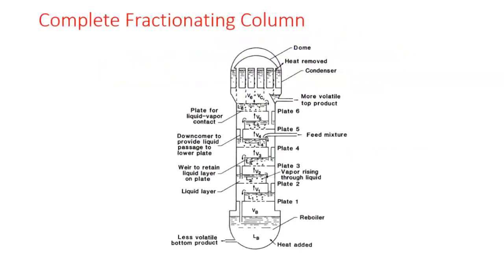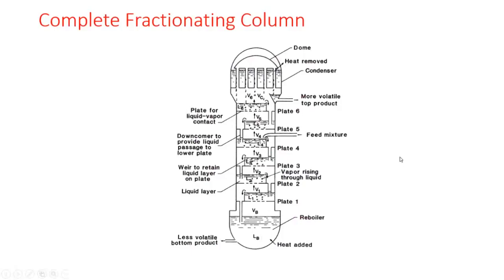So this is one typical photograph of an overall distillation column. Based on this, you can see that the feed mixture is entering here. We have a condenser here, a reboiler here, and the bottom product and top product.